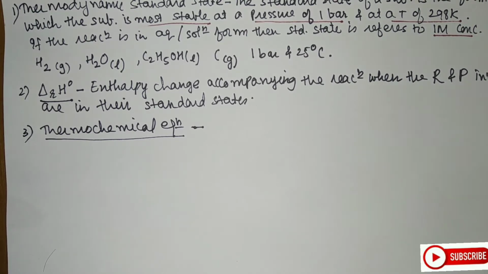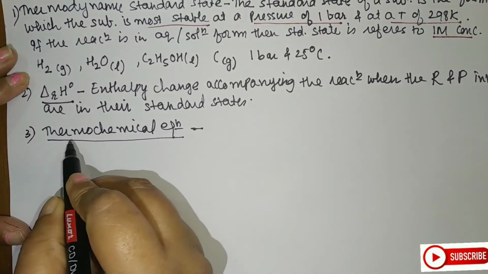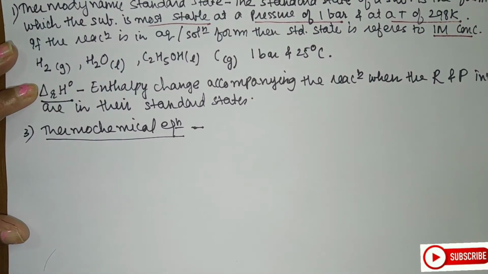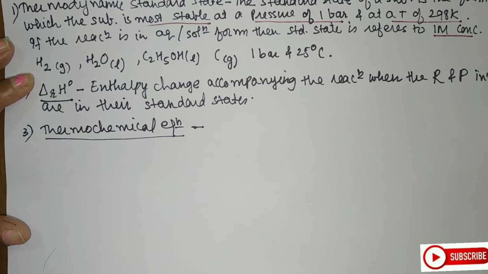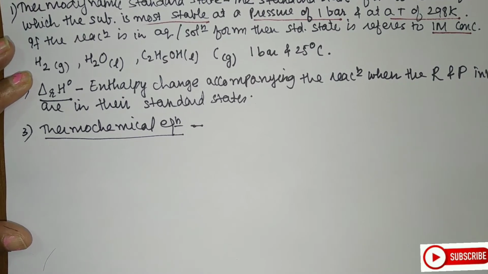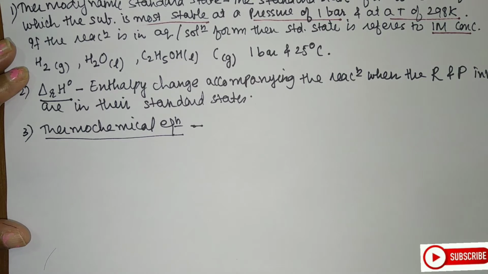To understand this, we must know what thermochemical equations are. Now they are simple equations. Thermo means heat. So it is the balanced chemical equation in which the enthalpy change, the physical states and the number of moles of reactants and products must be specified, and for that we have to follow certain rules while writing thermochemical equations.